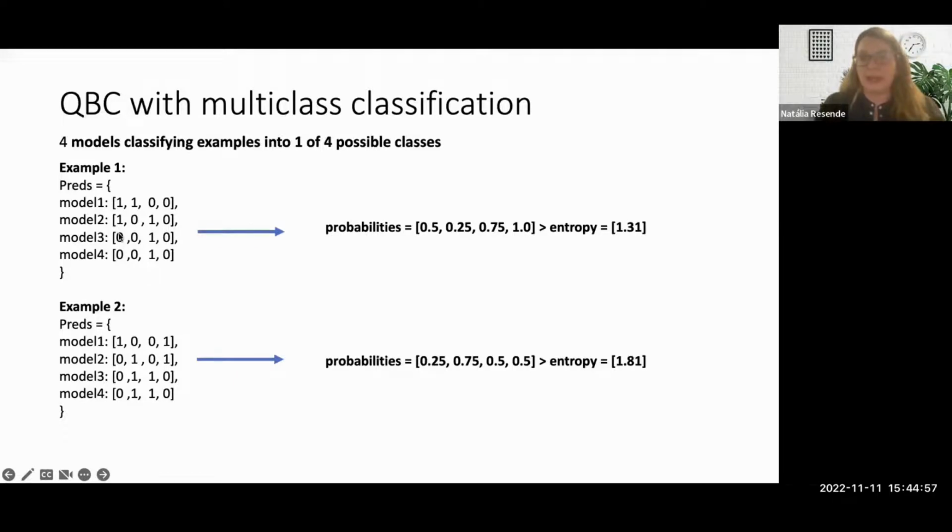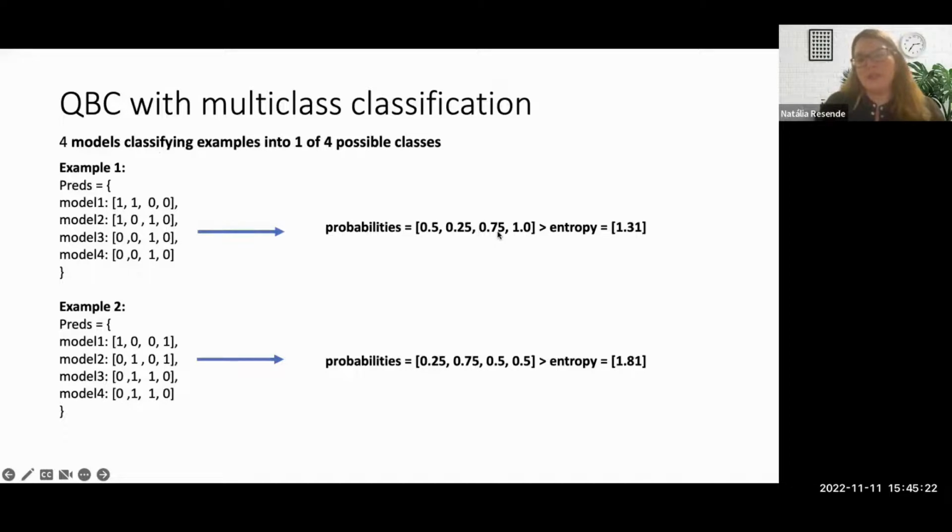So the probability is 50%. For label number 2, just one model predicted that label present, so the probability is 0.25. In the third, the probability is high because 3 models predicted that the label is present.